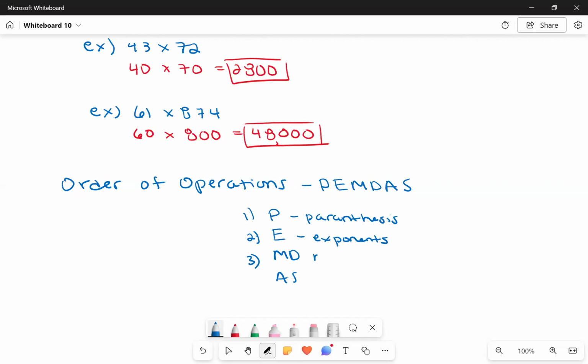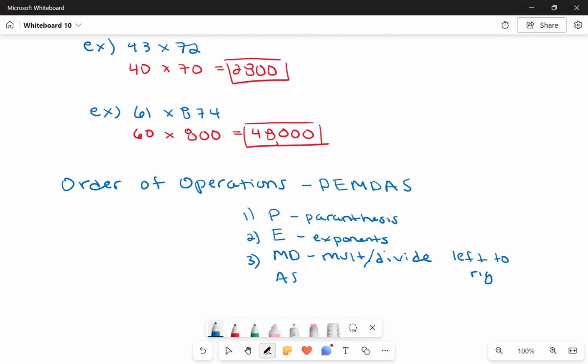Third is multiplying and dividing. I'm going to abbreviate multiply / divide. But it's whichever one comes first, left to right.